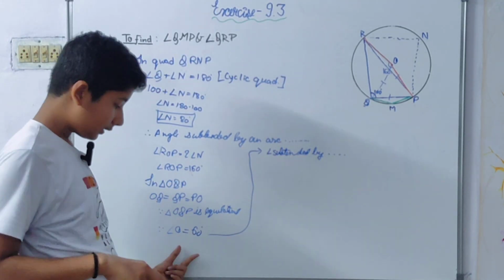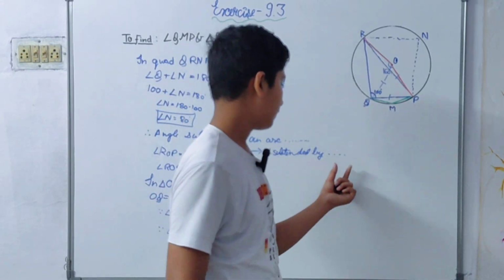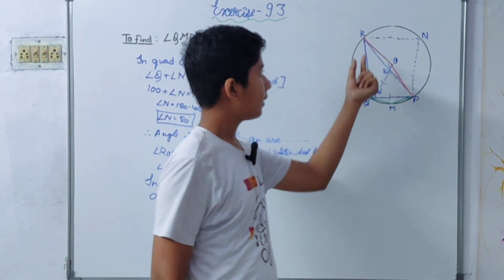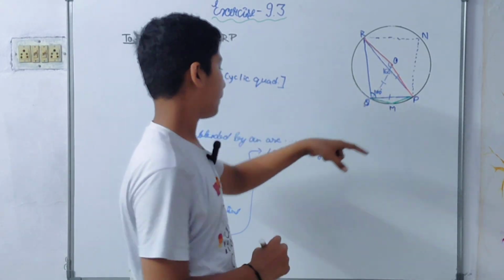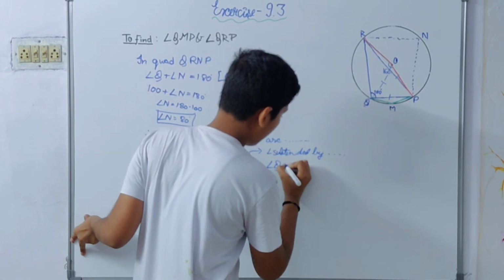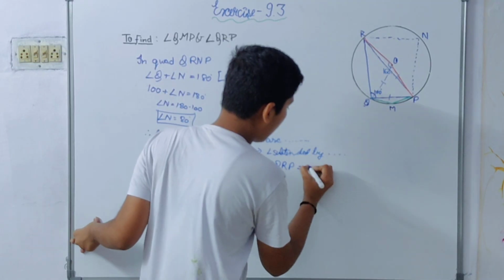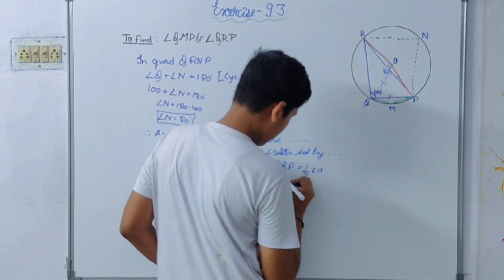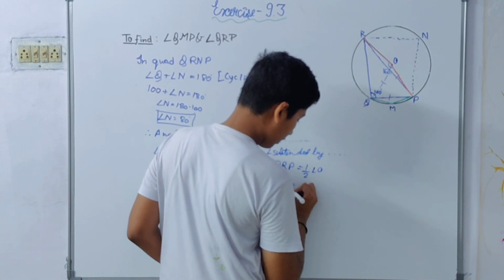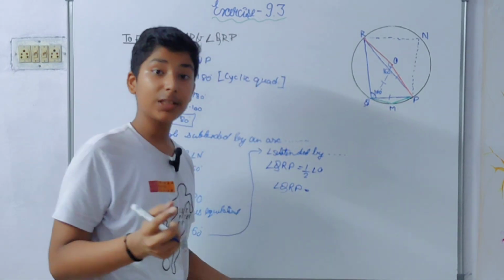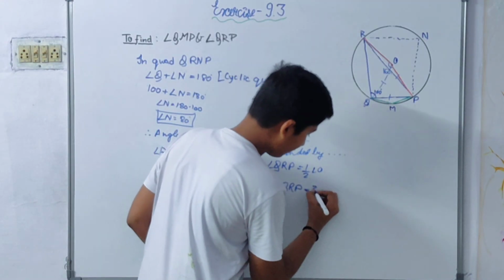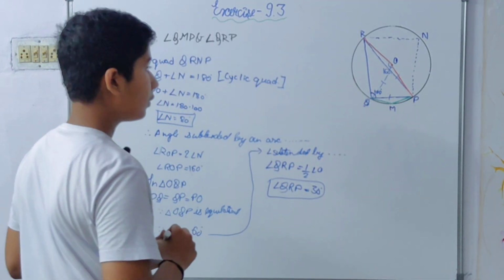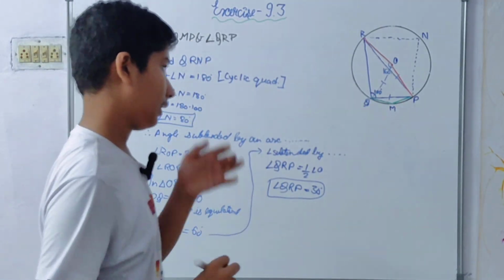No need to use it. Just continue with the space on your page, or else change the page. So by this we can say that angle QRP equal to half of angle O. Angle QRP equal to half of 60. What is half of 60? It is 30. So we have got 30 degree.